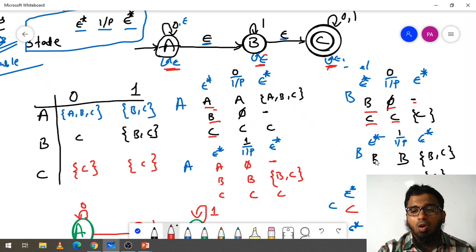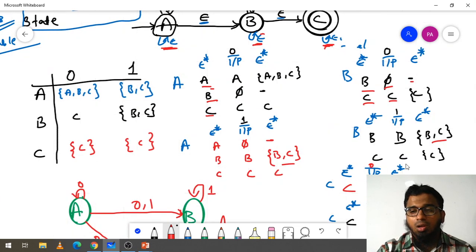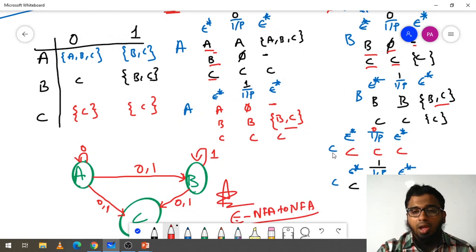B on 1 is going to B, and C on 1 is going to C. Next, epsilon is B comma C, already we did here, B comma C. C on 1 already we got it, C, and C epsilon is C. And what is the last one?